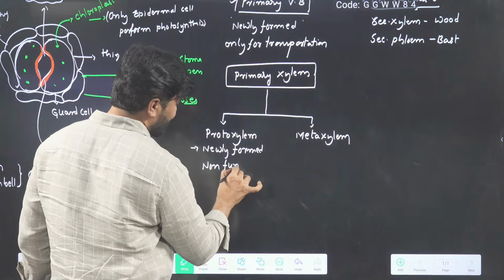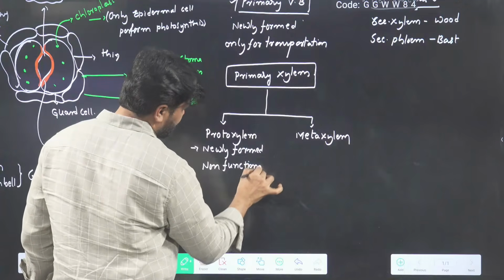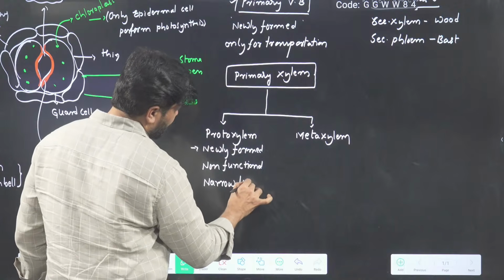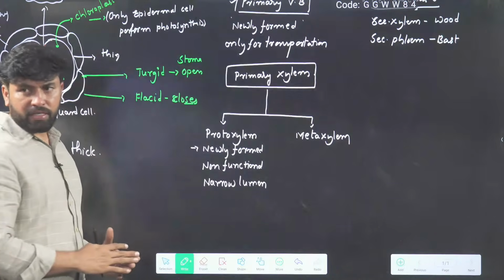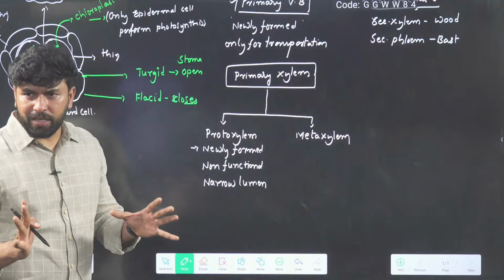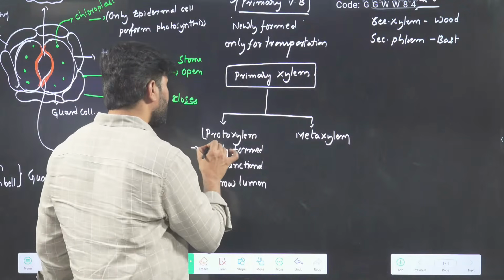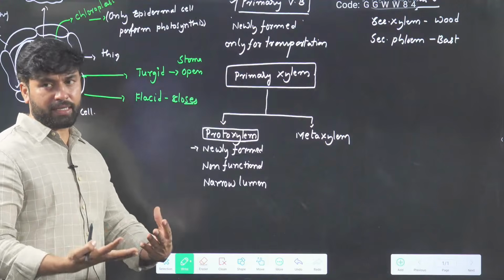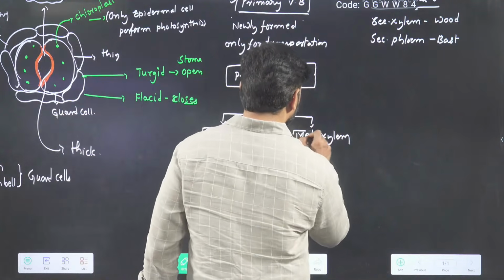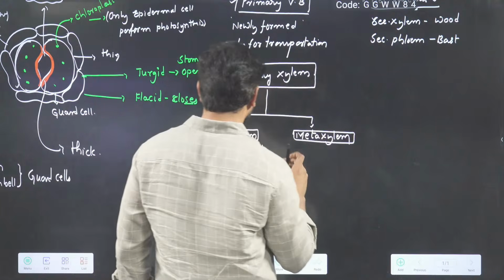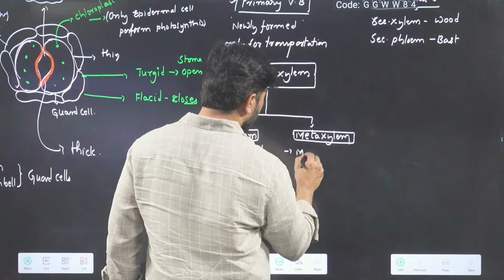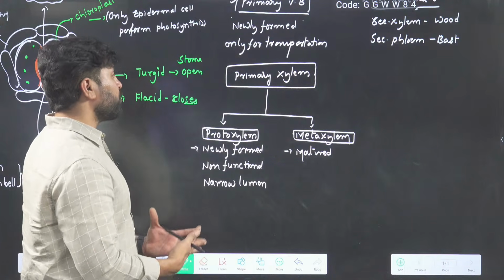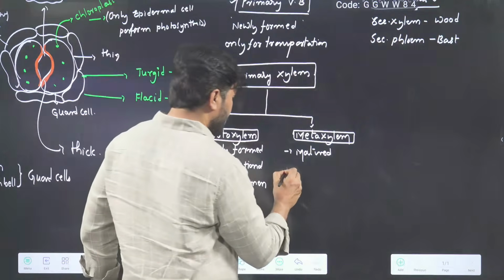They can't conduct water because of narrow lumens. Since the lumen is very narrow, they can't conduct water. Protoxylem and metaxylem are both kinds of primary xylem. Now, metaxylem: the matured one. Matured for what? To transport water.